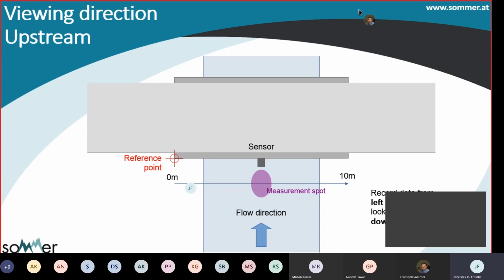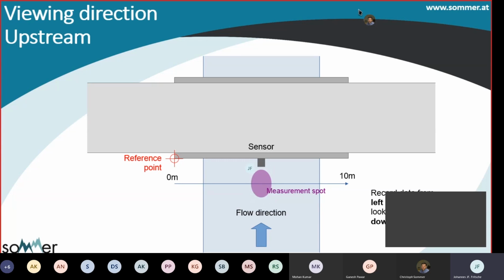Another thing to consider is you have to keep in mind where you put your sensor and where your sensor looks at. So here in this illustration, we have the sensor right in the middle of the bridge on the railings of the bridge, and it looks onto the water surface, and the velocity sensor of the RQ sensor produces a measurement spot that looks roughly like this.